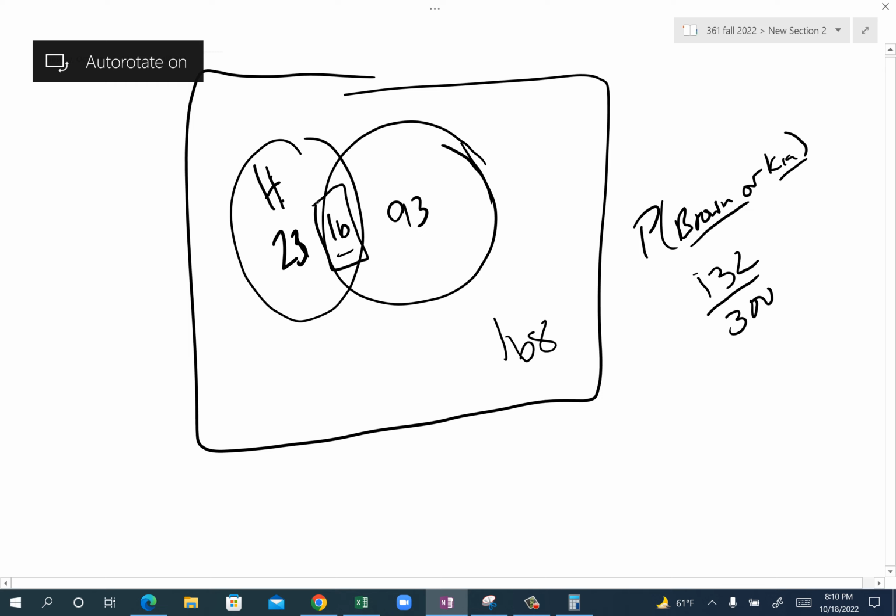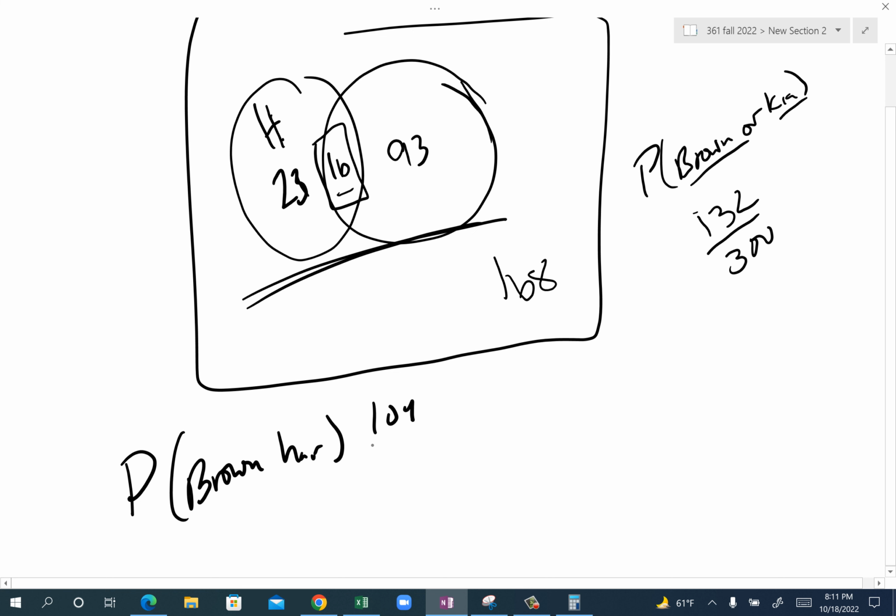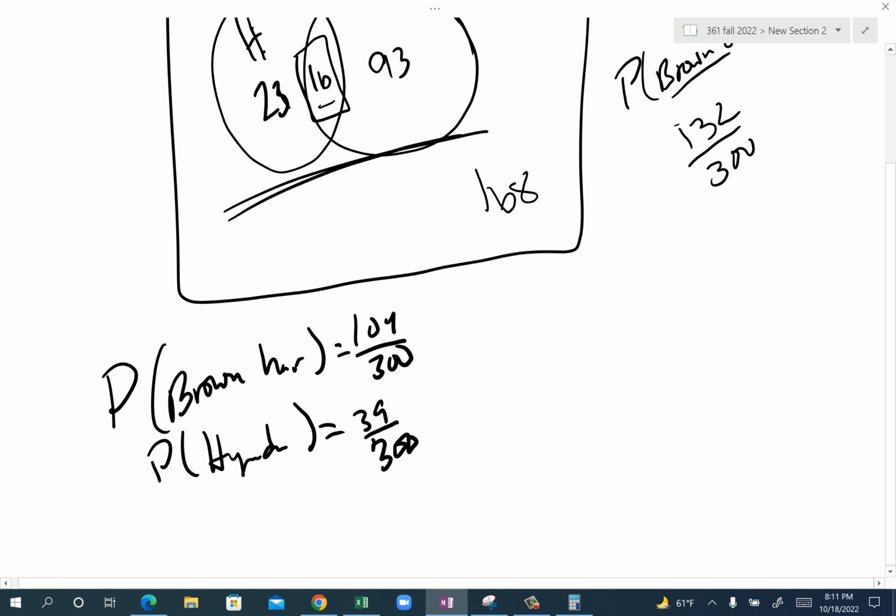Now, here's what often happens when I tell you this. People are like, oh, cool. That makes sense, Jay. It makes sense from the chart. It makes sense when I see this picture right here. But if I told you the probability that you get a person with brown hair is 109 out of 300, and the probability that a person is a Hyundai driver is 39 out of 300, but the probability of brown or Hyundai is equal to 132 out of 300, a lot of people get all weirded out by that.